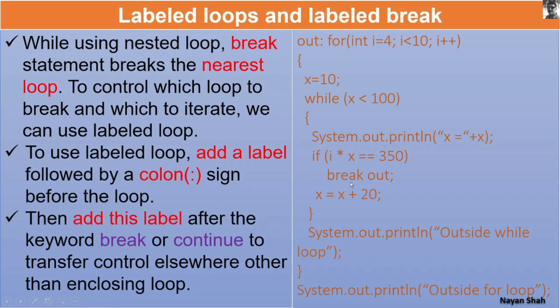So here we have said break out. Break out means it will break the loop whose name is out. So ultimately it will break this for loop, and because this for loop is broken, this while loop also breaks. That is how we can use labeled loop and labeled break.